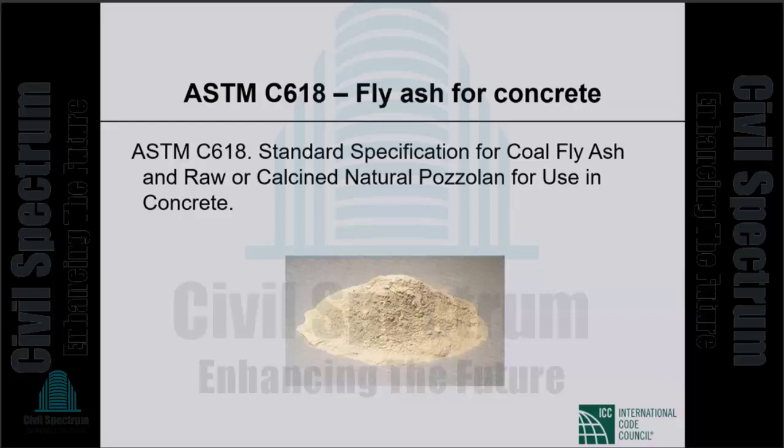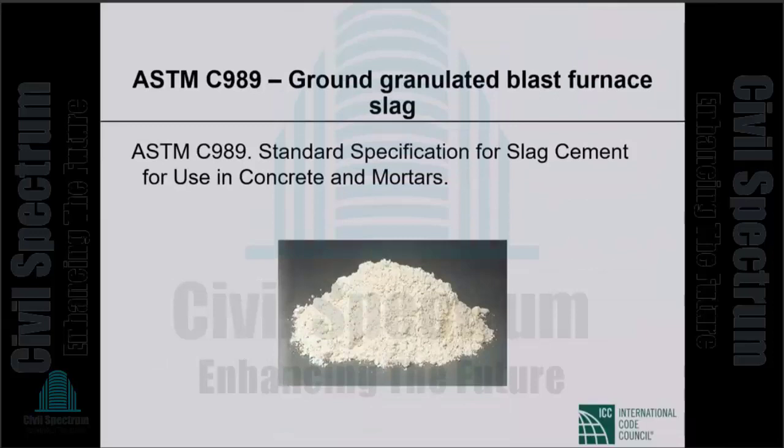That is the ASTM spec for coal fly ash and raw or calcined natural pozzolan for use in concrete. So C618 for fly ash. Ground granulated blast furnace slag, that again is a pretty popular mineral admixture or supplemental cementitious material. The applicable ASTM standard is C989, standard specification for slag cement for use in concrete and mortars.